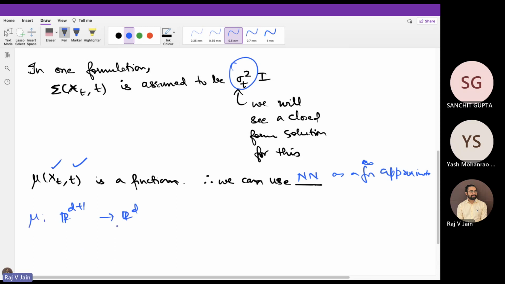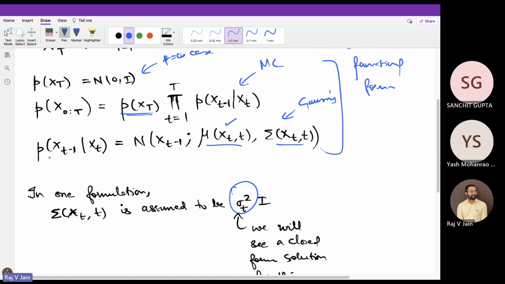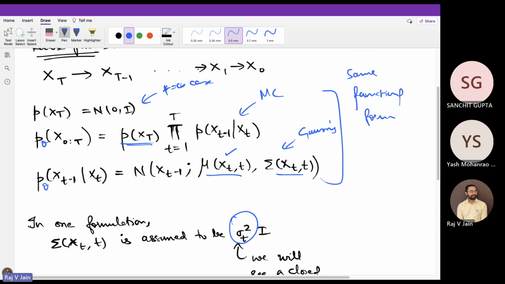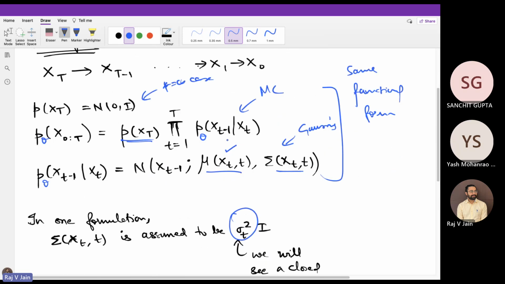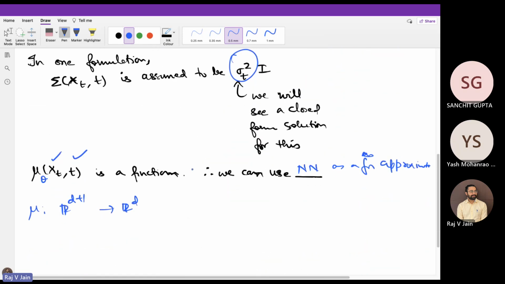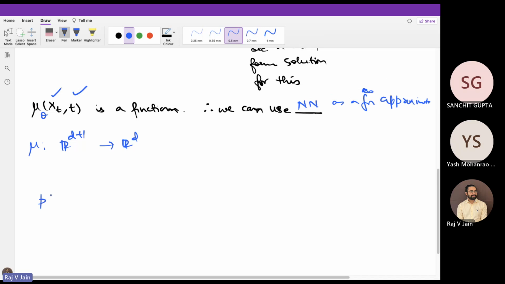Therefore, I can write this as mu theta, with theta the parameters of the network, and all of this now becomes p theta. So this is our model distribution. p of x naught is the true distribution of the data, unknown to us, and p theta of x naught is the model distribution.